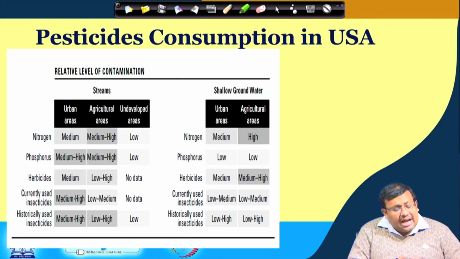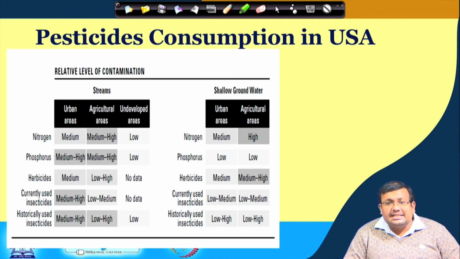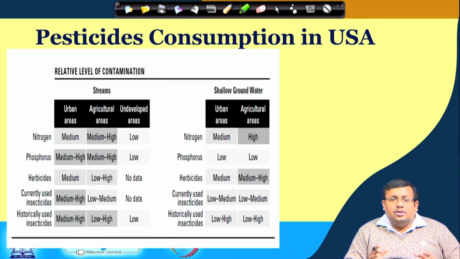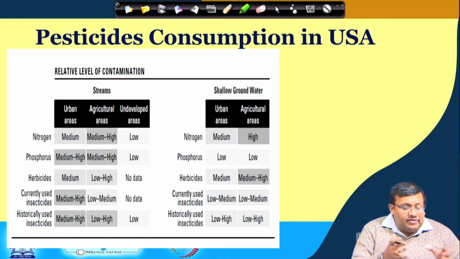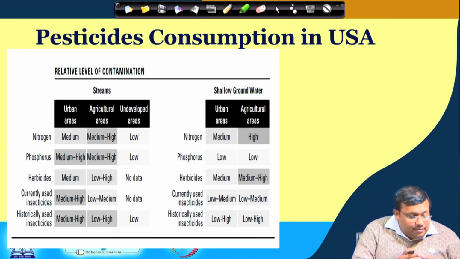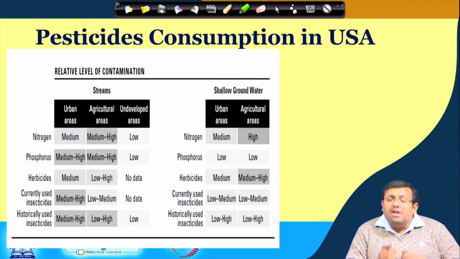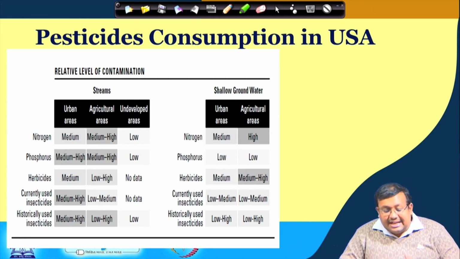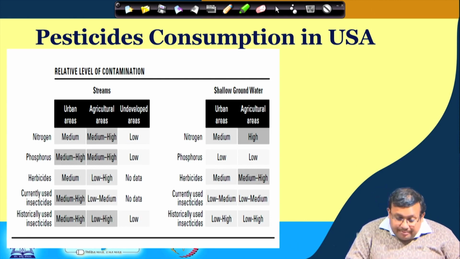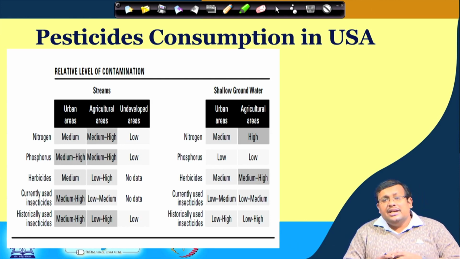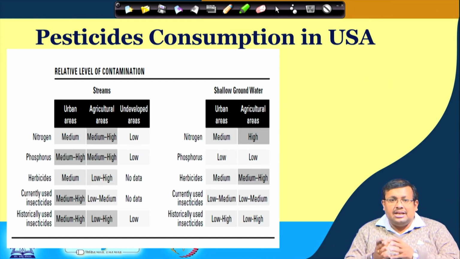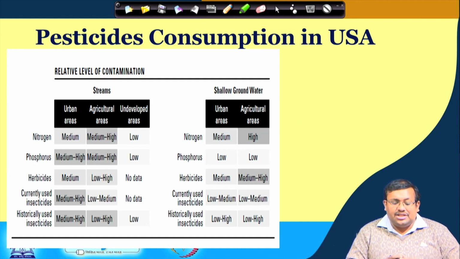So, both these urban areas and agricultural areas were known to be impacted by the use of different types of herbicides, insecticides as well as sources of eutrophication. However, if we consider the shallow groundwater in urban areas and agricultural areas, nitrogen creates a medium problem in urban areas. However, it produces high contamination in agricultural areas because of indiscriminate use of nitrogenous fertilizer.